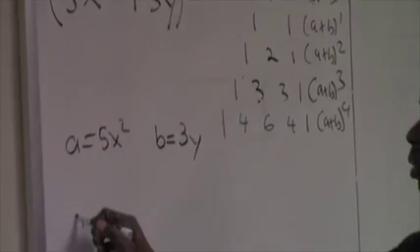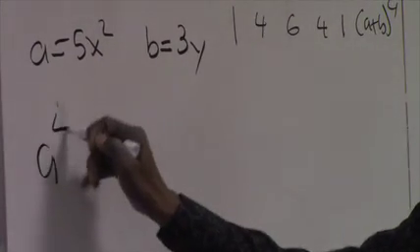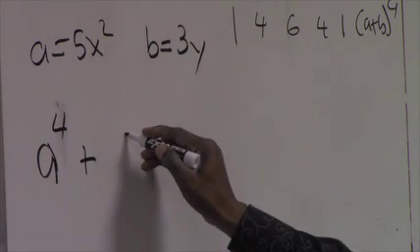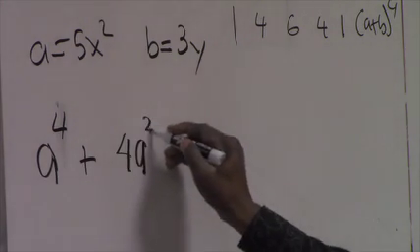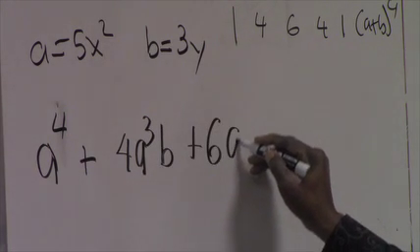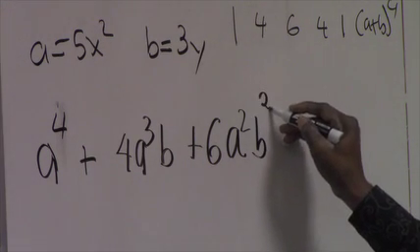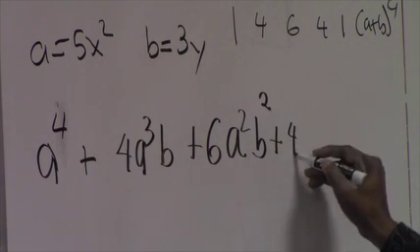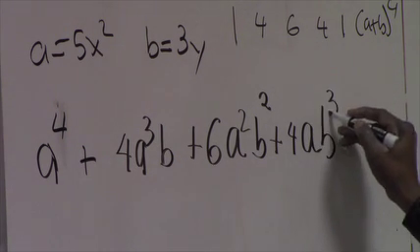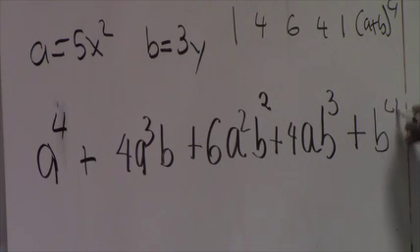It's going to look like a to the fourth plus 4a cubed b plus 6a squared b squared plus 4a b cubed plus b to the fourth.